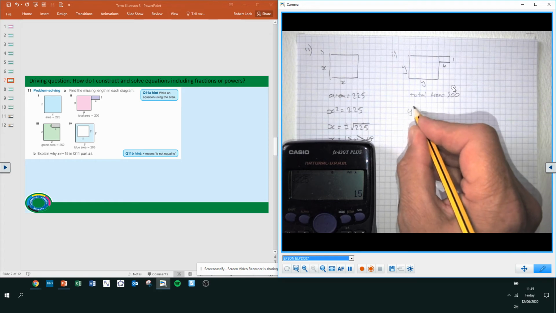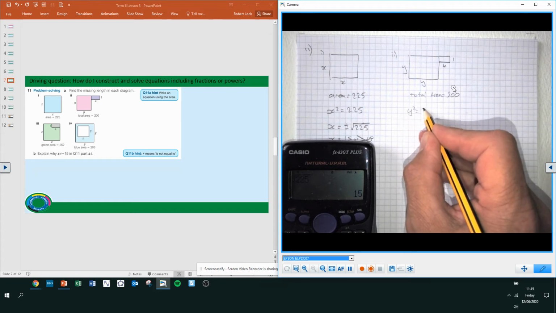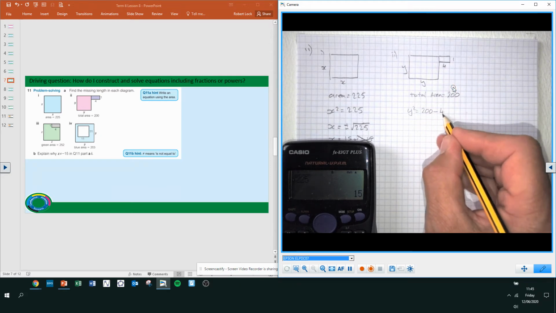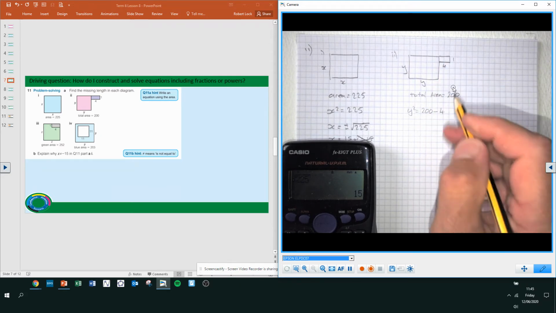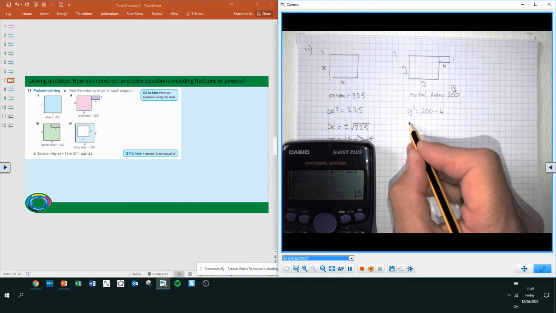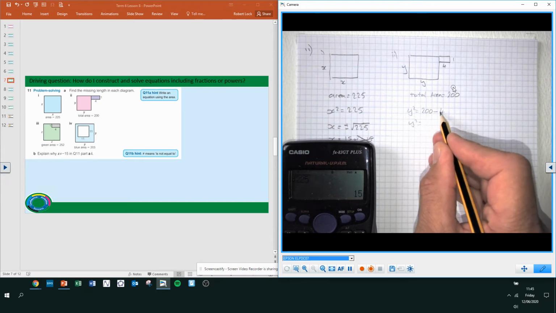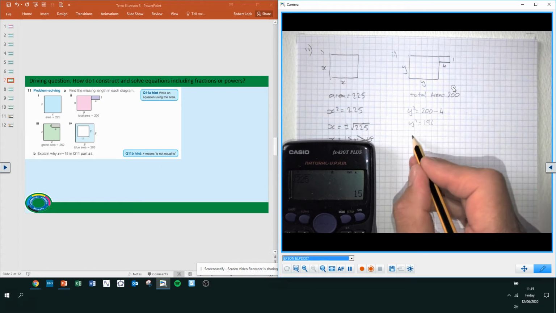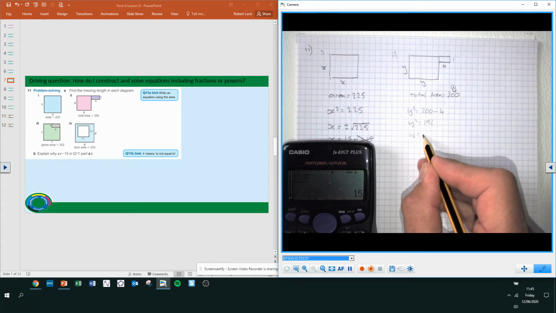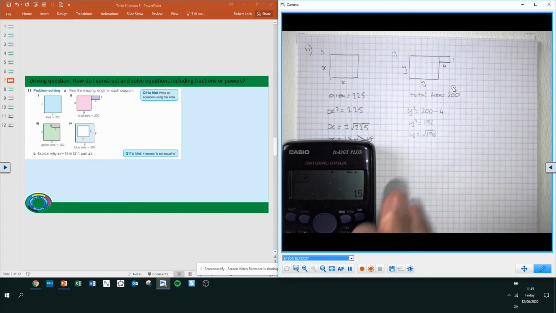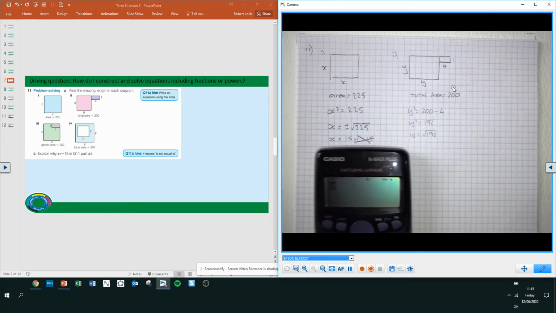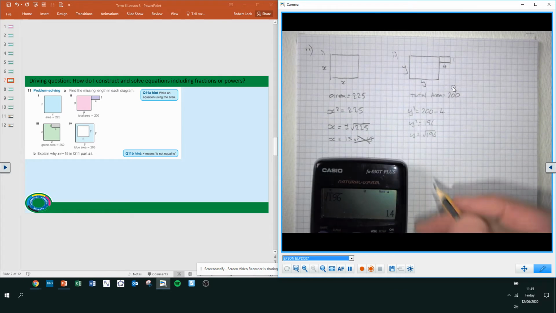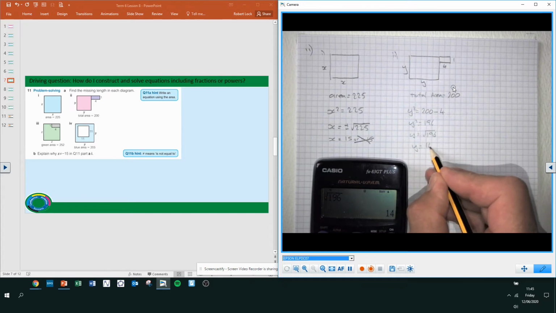So y squared equals 200 minus 4, because that's not part of the y. So y squared equals 200 take away 4 is 196. So y equals the square root of 196. The square root of 196 equals 14. So y equals 14.